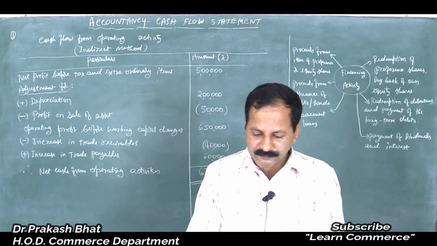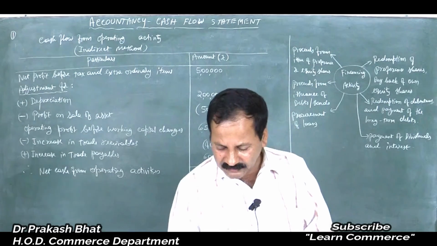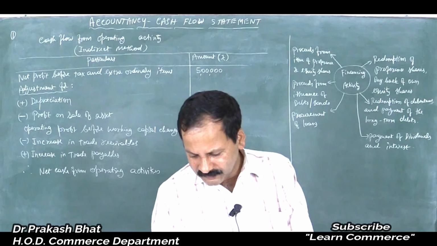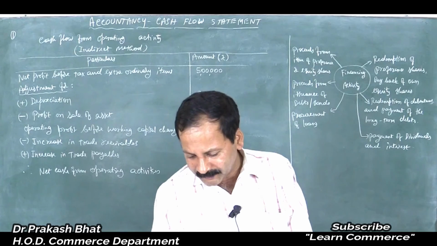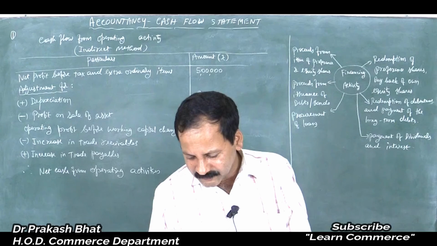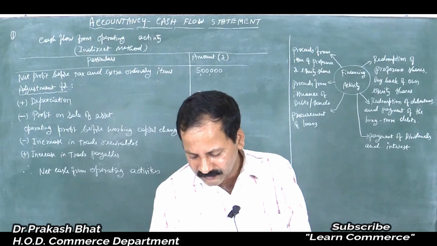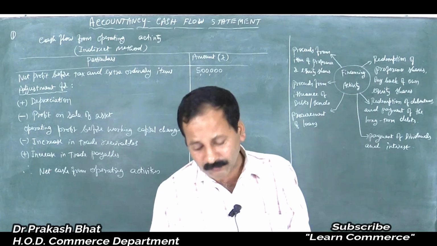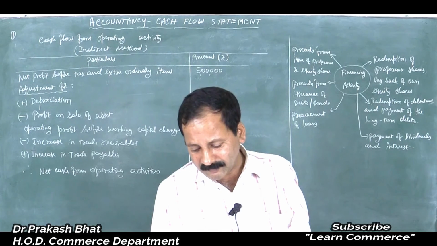Then there are, I think, 8 more problems, isn't it? Most of them are on the indirect method. Some of them are on the direct method, isn't it? And then small problems are there here, and you will get almost these types of problems.